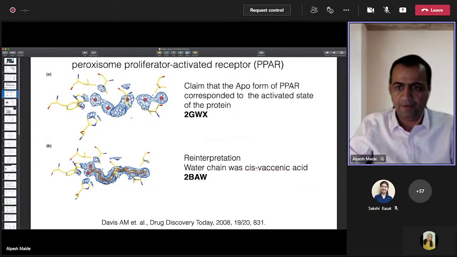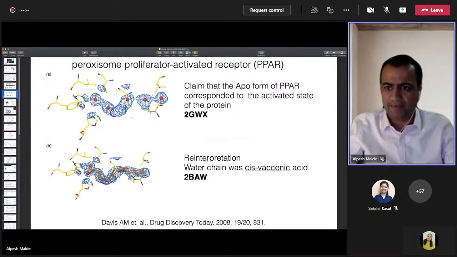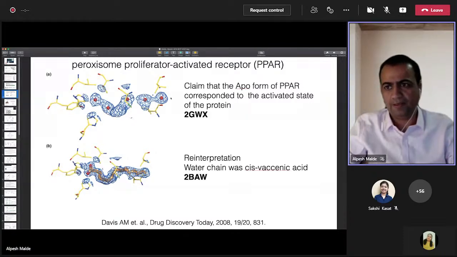And that is how it was crystallized in the activated state. And again, this gave them a lead on what could be happening. This just shows an example of how you interpret this density has very significant consequences, or impact, on what you are going to see in the binding pocket.